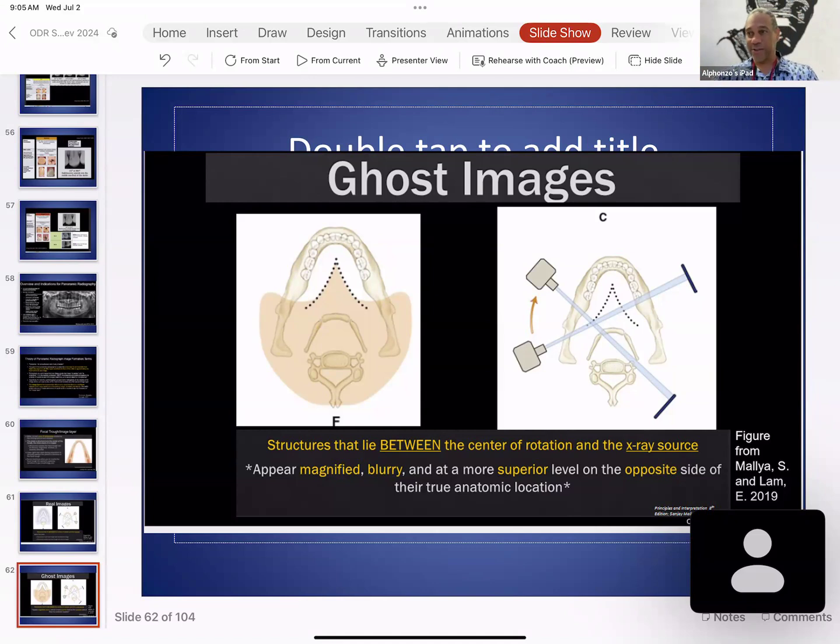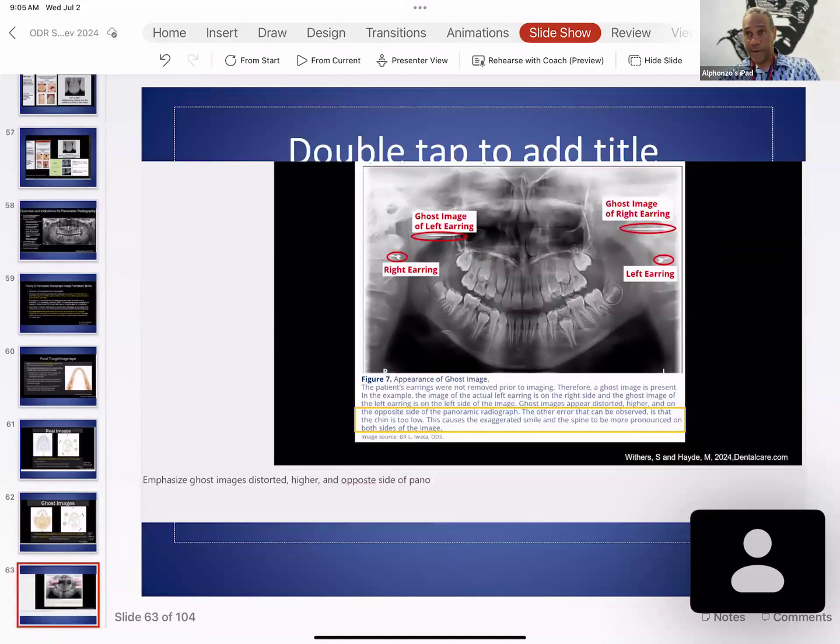In the slide presentation in class, there was a shot of a hoop earring that the patient had on when they took the imaging. Of course, it should have been removed, but it wasn't. You can see how one earring matches up with the other side, and you get the ghost image on the other side. Make sure you understand those concepts.